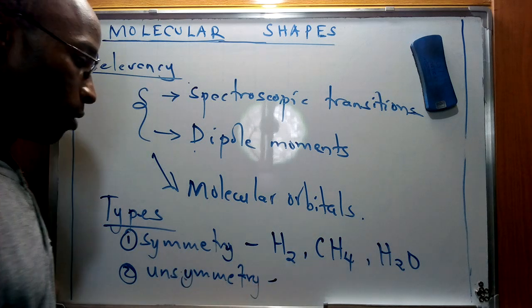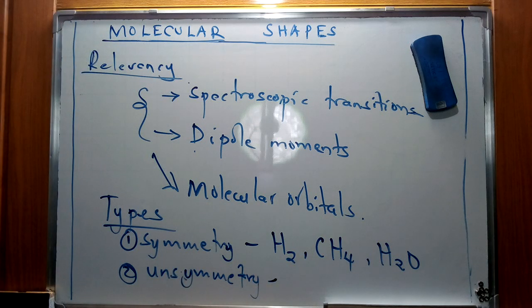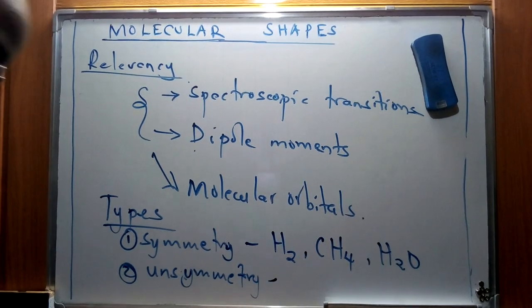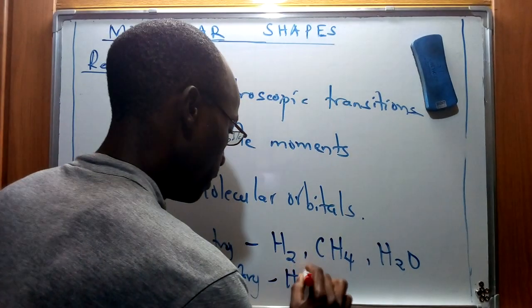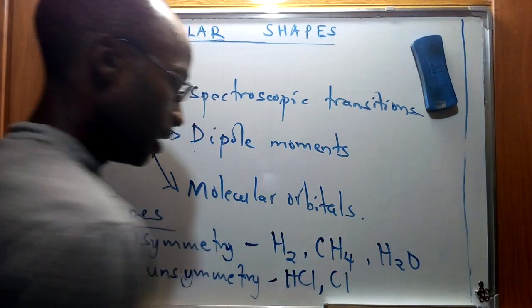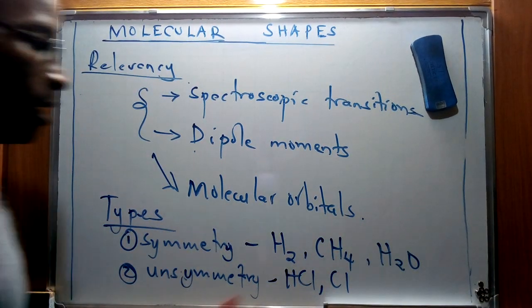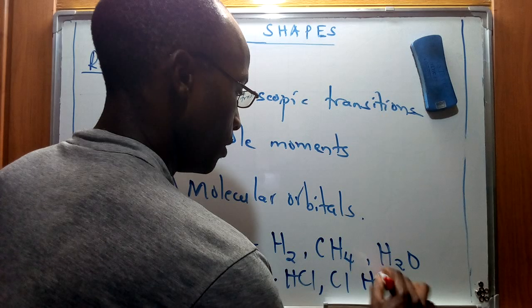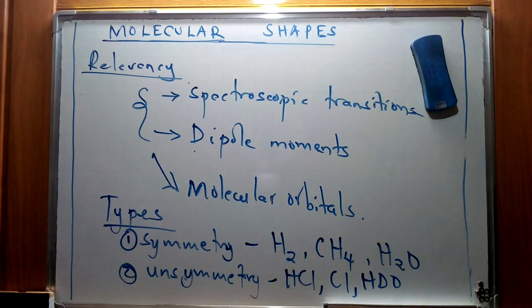Now for the second category, we're going to look at examples of molecules like HCl, hydrochloric acid, and then we shall have molecules like chlorine and perhaps HDO, etc. So these are some of the specific examples that I've given, which are going to appear under the broader topics of types of molecules which are symmetrical and unsymmetrical.